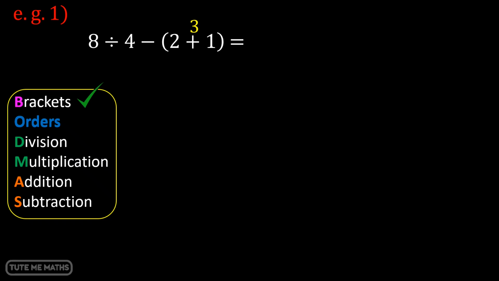We now have this easier calculation, 8 divided by 4, take away 3. Continuing through the BODMAS acronym, we check for any orders. There aren't any. Next we look for divisions and multiplications, as they appear. We have a division but no multiplication, so we do the division next. 8 divided by 4 is 2. The calculation can now be simplified and rewritten as 2 take away 3.